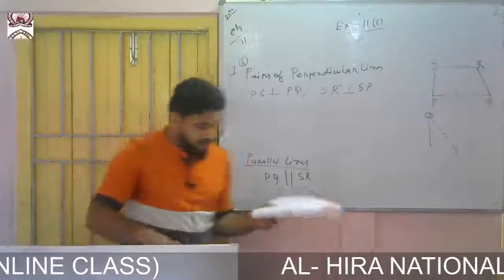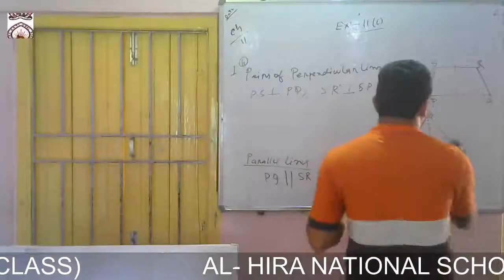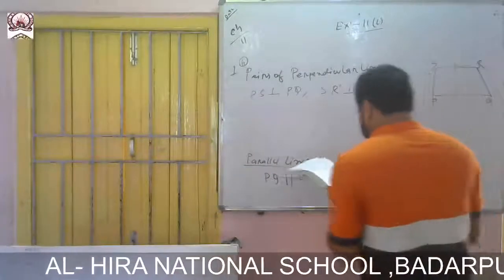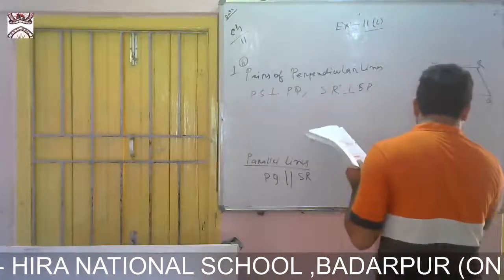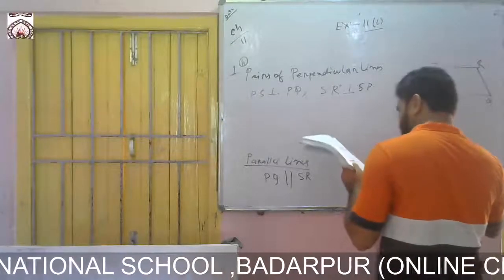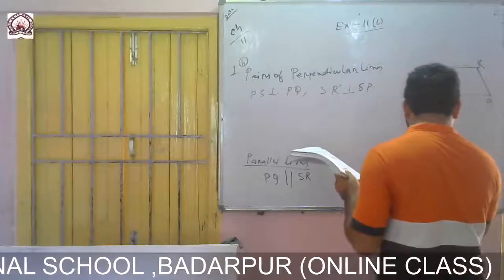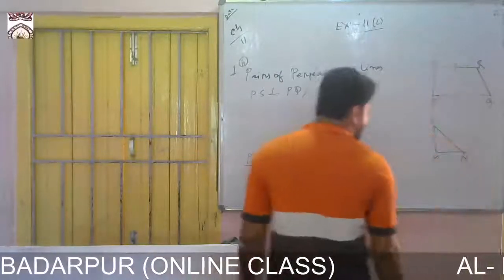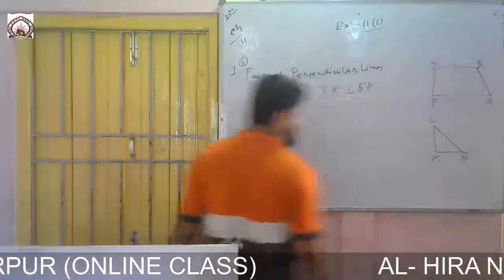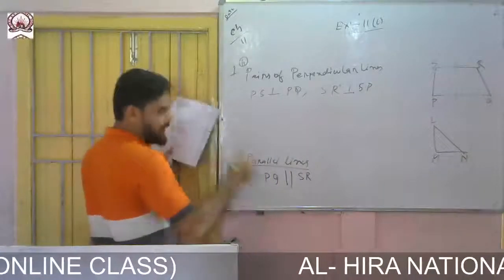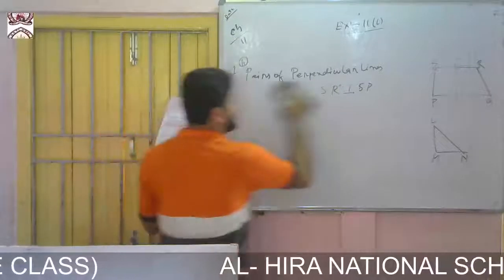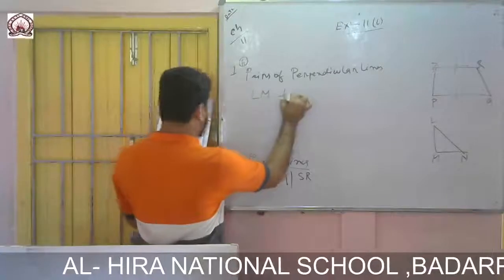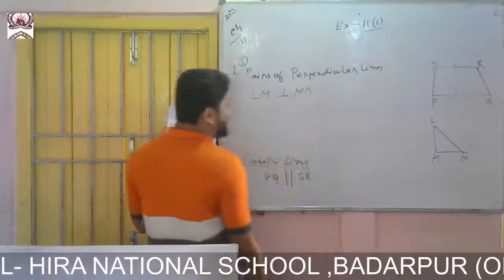Now come to question number Roman 3. LM, MN, and this one L. Perpendicular, that is only LM perpendicular to MN, and there is no other perpendicular.